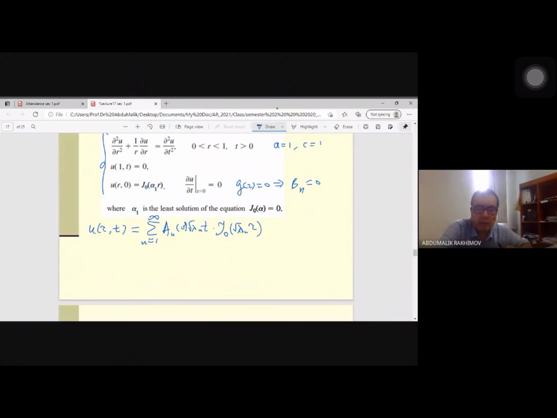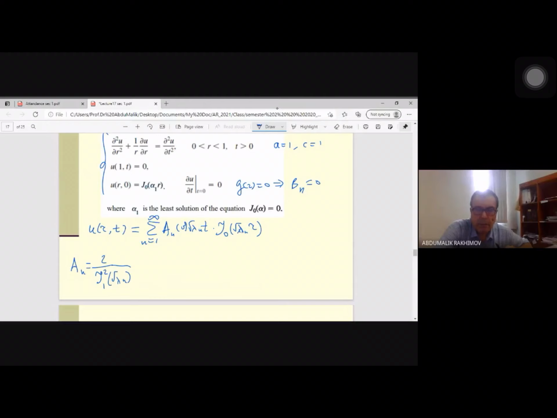The formula for coefficients was a_n equal to something over J1 squared of root of lambda_n, right?